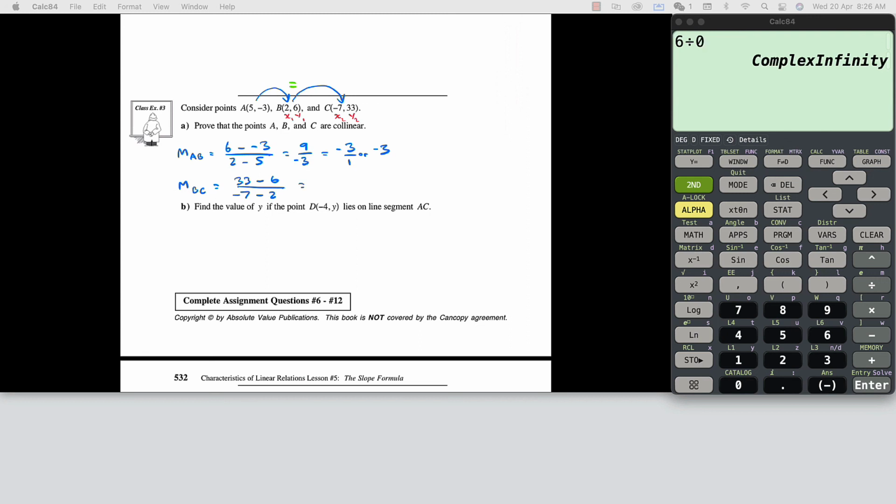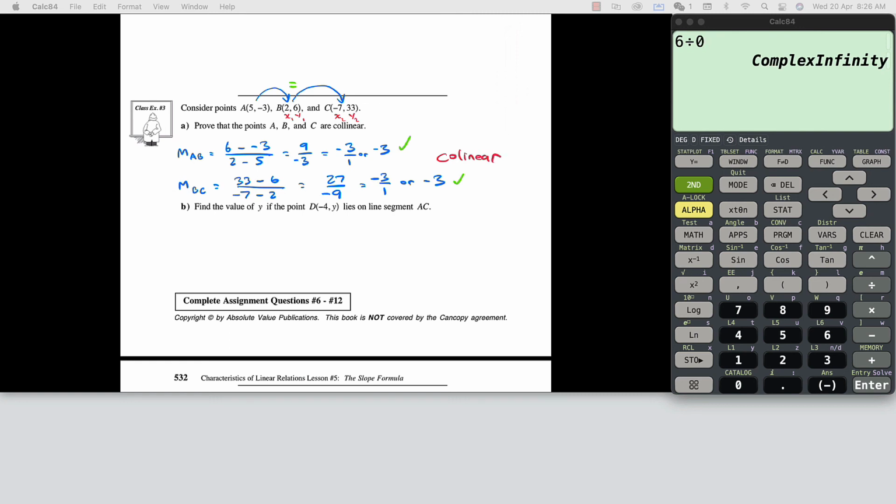That's 33 minus 6, which is 27, over negative 9. And 9 goes into 27 3 times. It's going to be a negative slope, and we can see that these are the same. In that case, they are referred to as collinear.